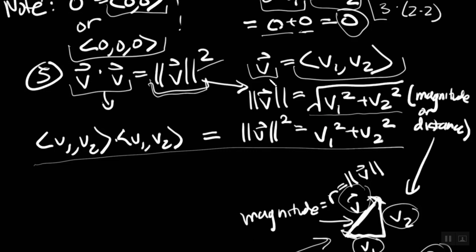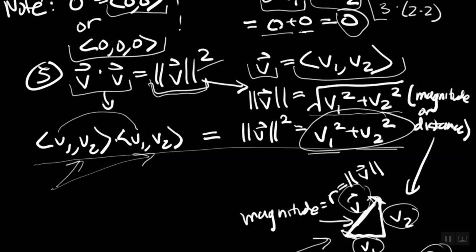And if we square the norm, you notice how you're just removing the square root sign since they're inverse operations, I guess you could say, and you get v1 squared plus v2 squared. Now notice how this is equal to the dot product of a vector and itself, since you're simply doing v1 times v1, or v1 squared, plus v2 times v2, or v2 squared. So we just proved that the dot product of a vector and itself is equal to the norm squared.